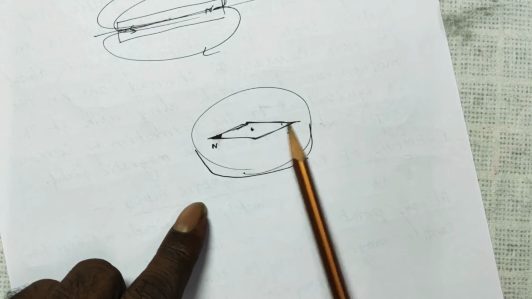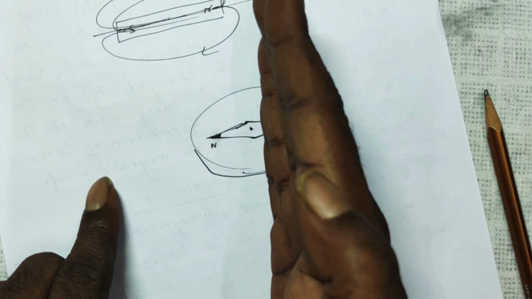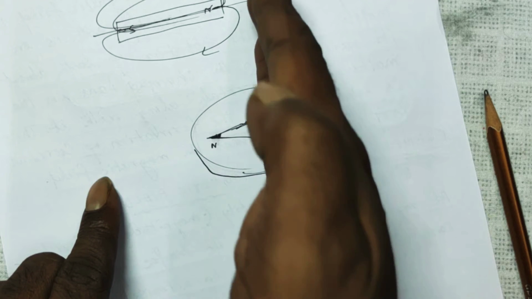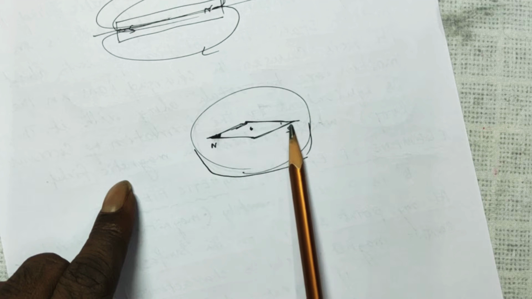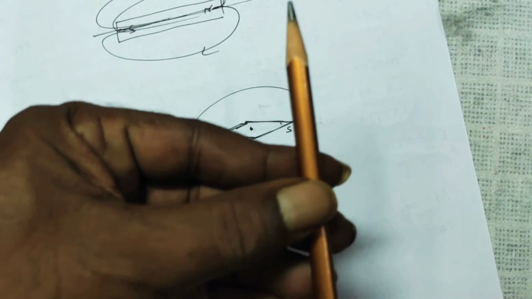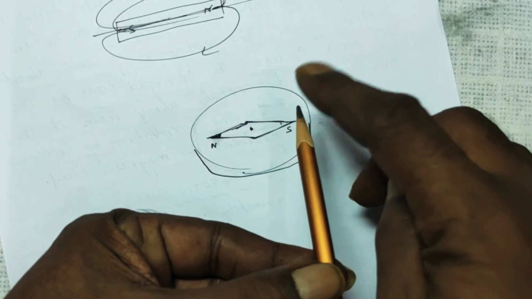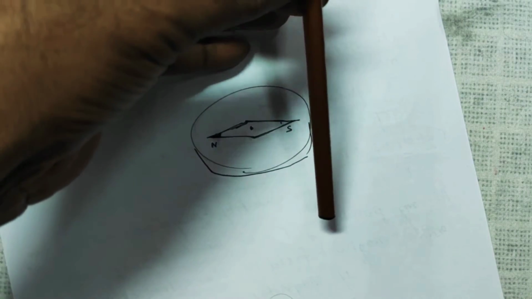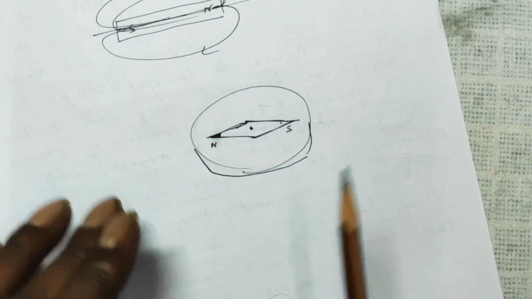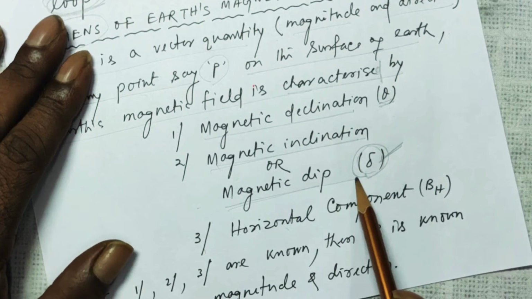The needle inside this compass is capable of rotating in a vertical plane, then either the north pole will tilt down or the south pole will tilt down. The angle by which it tilts at a given place is called the magnetic inclination, or called magnetic dip.